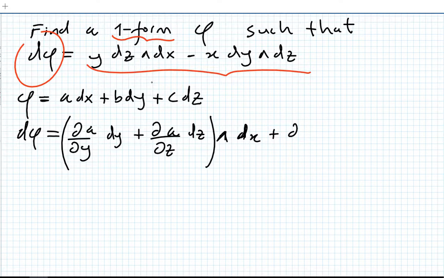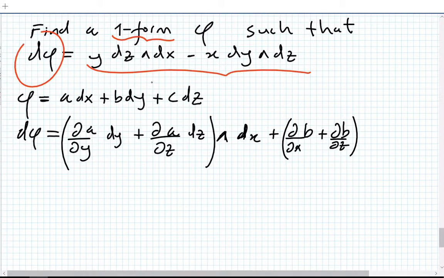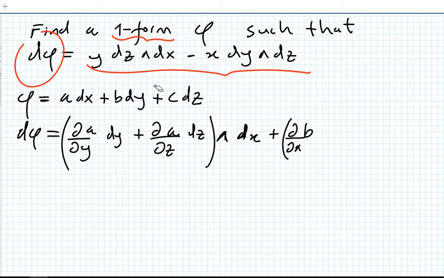So dB/dx dx, because this one will be y. Plus dB/dz dz. Oh, I'm sorry, I'm not writing this correctly. I'm writing it as I think. So this will be dB/dx dx plus dB/dz dz, wedge dy.